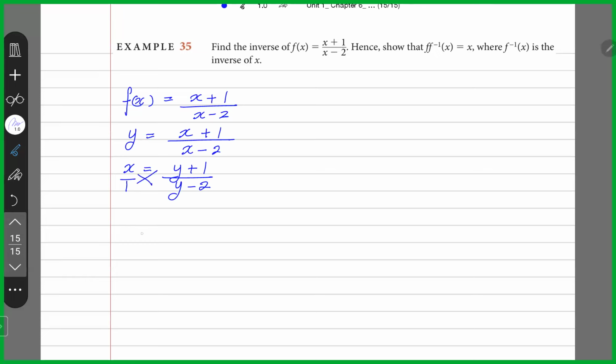So let's get rid of the fractions by cross multiplying. Remove the brackets by applying the distributive law. Let's get all x's to one side, sorry, all y's to one side, and all x's to the other side.